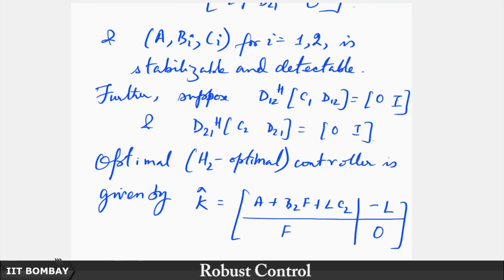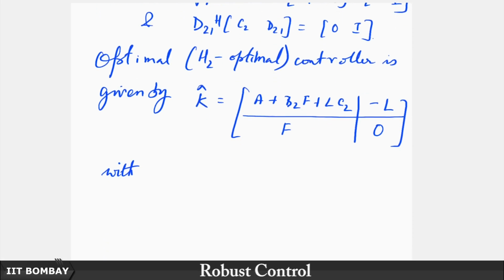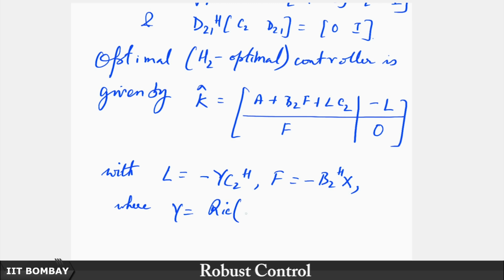So, this result basically will tell you everything that you need to know about designing the optimal controller, with L equal to minus Y C2 Hermitian, F equal to minus B2 Hermitian X, where Y is the solution of this Riccati HF, again as before.